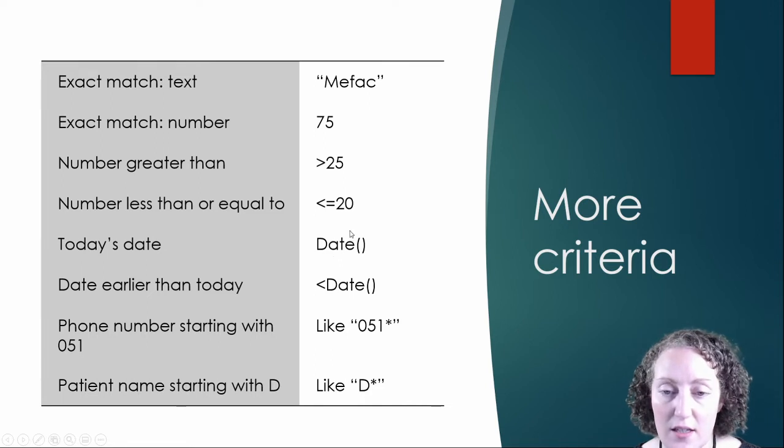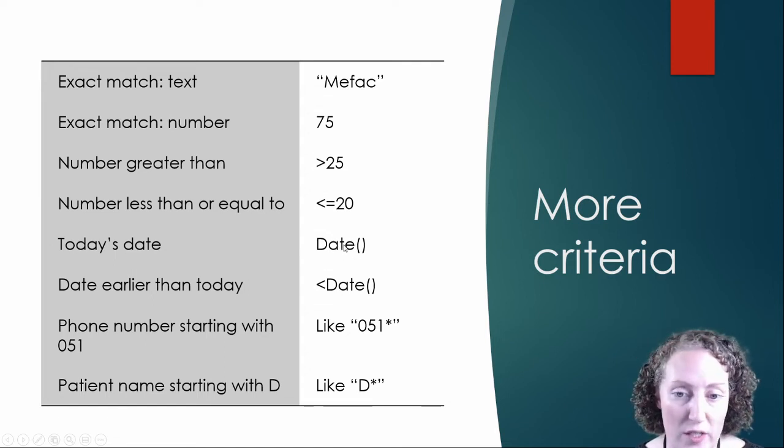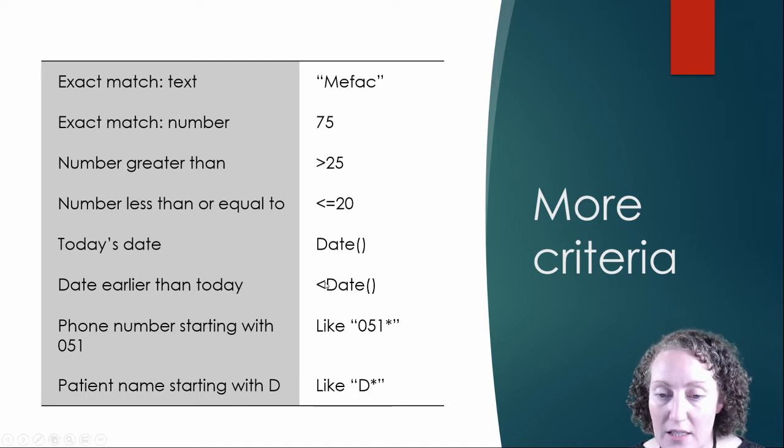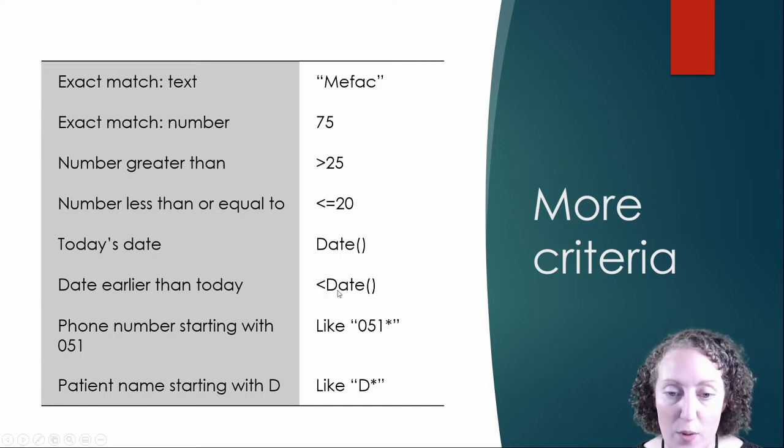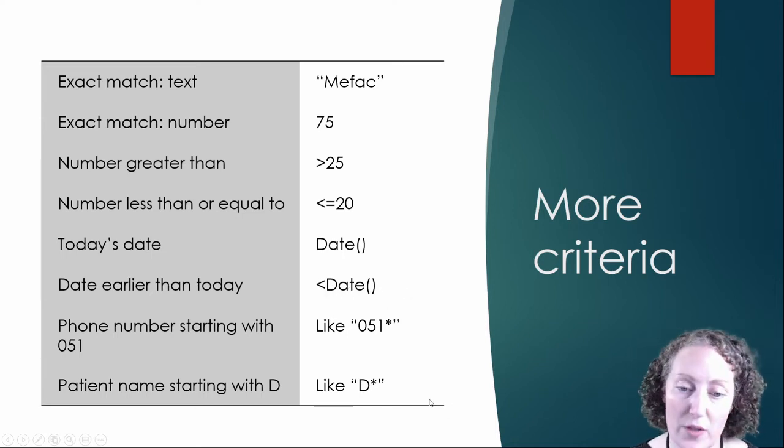So this is a date function here that basically gets today's date, and if I put that in as a criteria in appointment, say, it would show me all the appointments for today. If I did less than date, I would see all the past appointments, or if I put the greater than symbol before date, I'd see all the future appointments, and so on.